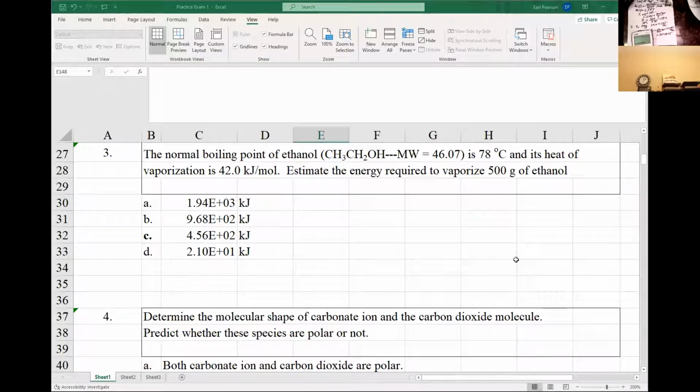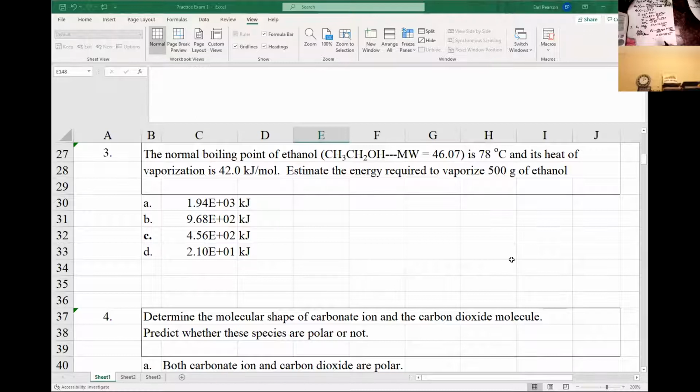Okay, 520. Oh, well, I'm seeing a little bit of a problem here. Let me look at it again. Maybe I put the numbers in wrong. So it's, yeah, I did. 500 divided by 46.07 and then multiplied by 42.